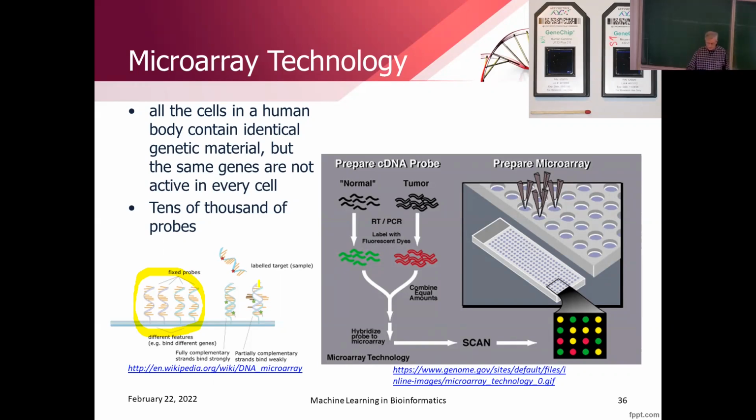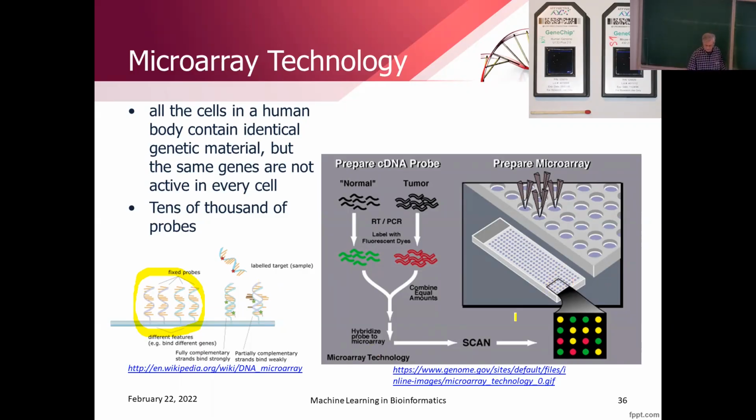And if we mark the samples by some fluorescent color, then we can observe this color after the experiment. We inspect the chip under microscope, and we check the color.